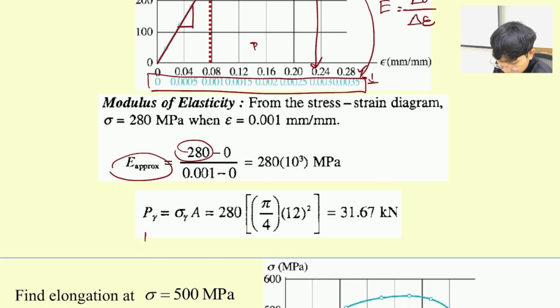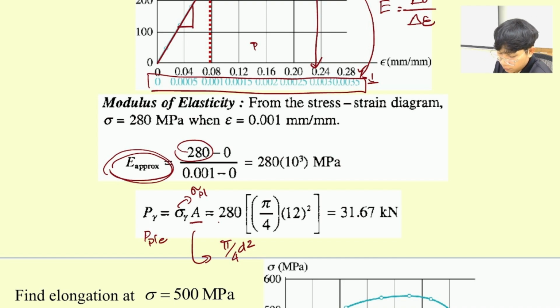so they would like to find the PL after we know the E approximate already. So basically this one is the sigma PL, and A is the area of the bar, which is equal to pi over 4 d squared. And then we just input everything here.